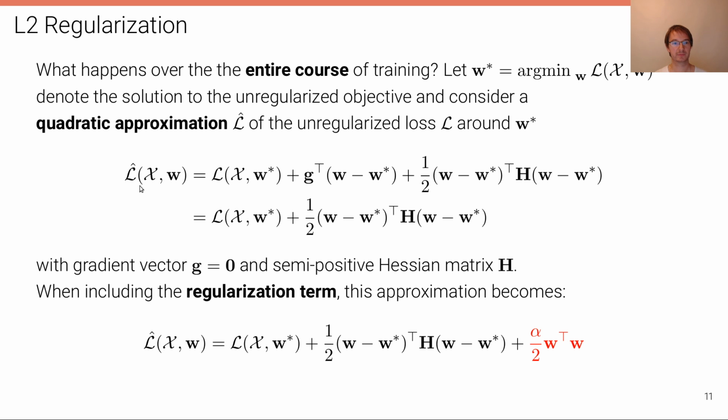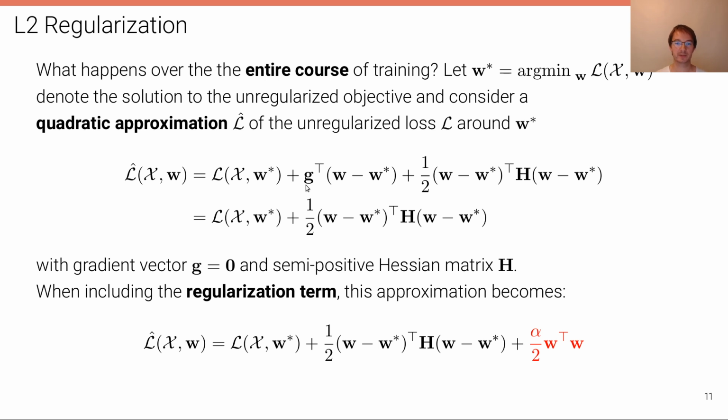The quadratic approximation is equal to the loss function at W star, the optimum, plus a linear component, the gradient vector times W minus W star, plus the quadratic contribution in this Taylor series expansion, which is W minus W star transpose H, where H is the Hessian matrix, the matrix with the entries being the second order derivatives of the objective.